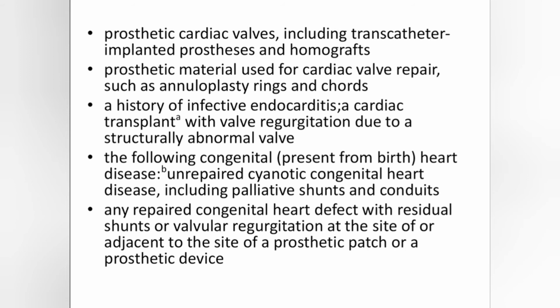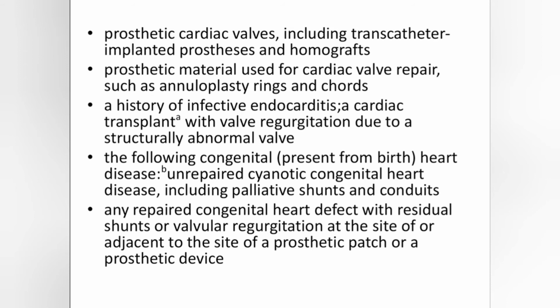A cardiac transplant with valve regurgitation due to a structurally abnormal valve. These are two separate points: a history of infective endocarditis, and next, a cardiac transplant with valve regurgitation due to a structurally abnormal valve.